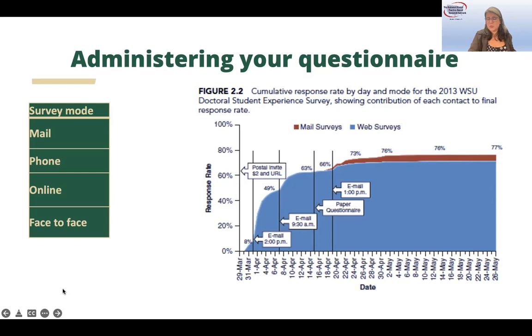It's not so common anymore. I think most people have tablets, but I wouldn't dismiss the potential to reach more people or a more representative sample of your population, thinking about sending by mail.